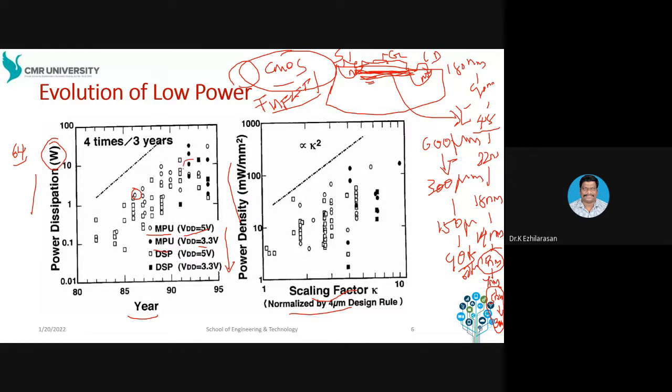So this is your 3.3, and consider this as 1987 and this place as 94. So from 5 volt to 3.3 volt, if you reduce the operating voltage, that is the concept of low power. So it has come from 5 volt to 3.3 volt, same for your DSP also.